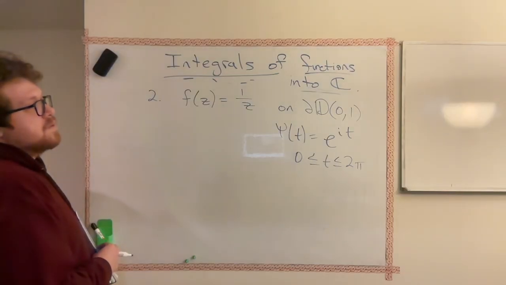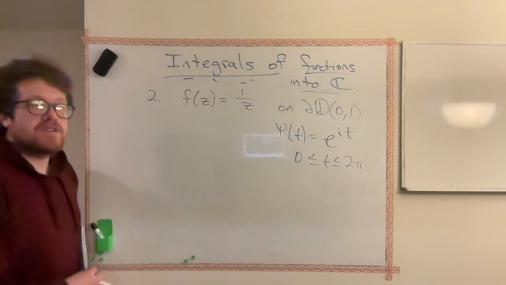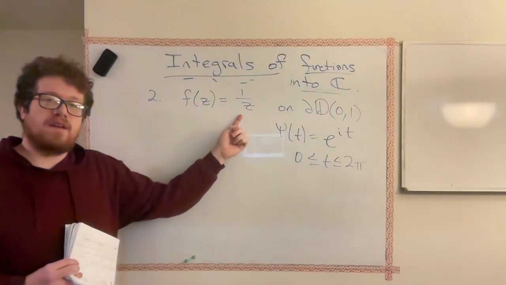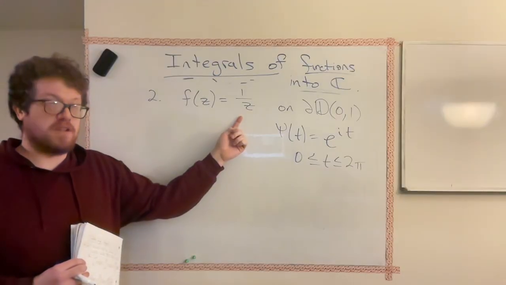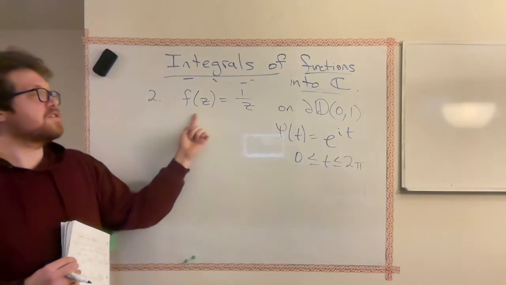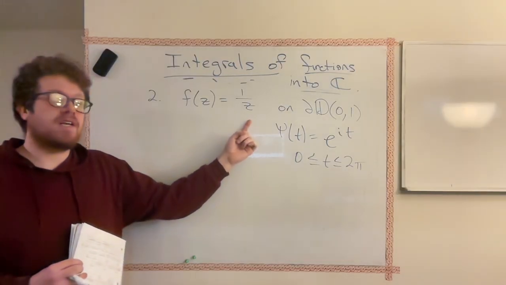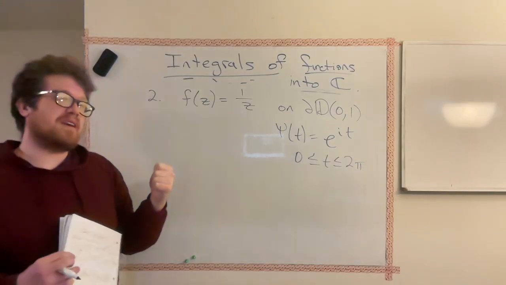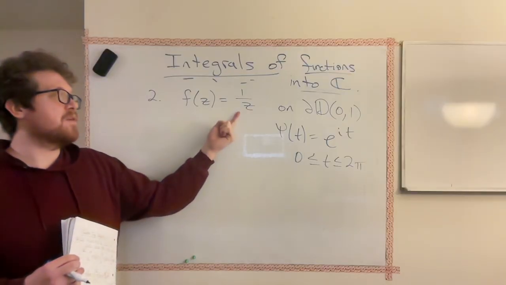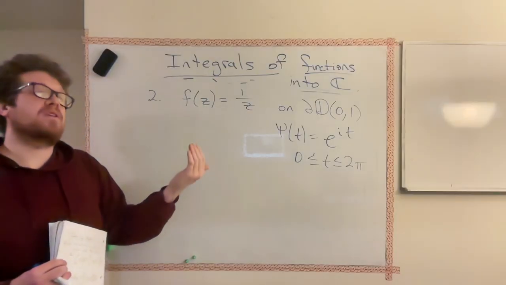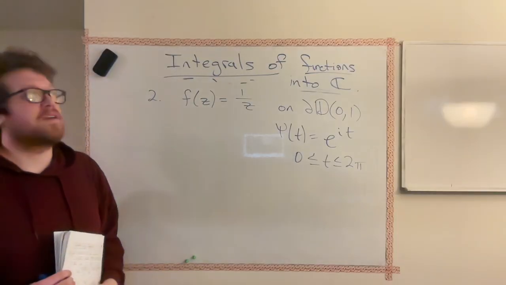So clearly there's a point where it's not defined, right? That's clearly different than the case for the first case. f of z was defined for every point. But clearly there's a point that we can't define this function, and that's at 0. And in fact, there's no way to fill in that hole, because every point that we plug in near 0, the values of the function are increasing without any bound in absolute value.